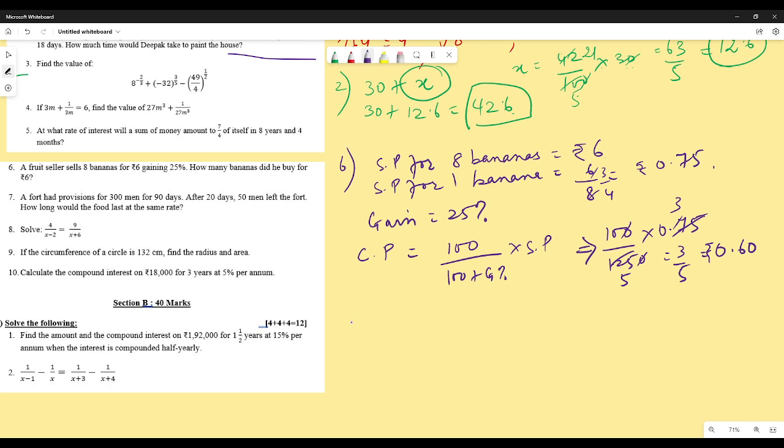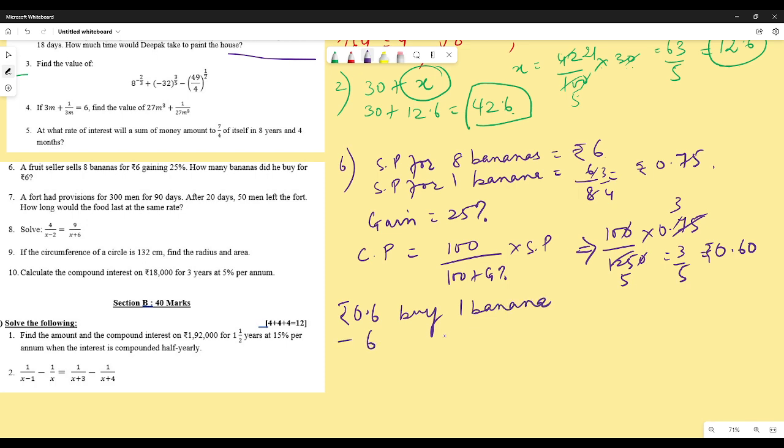So we will take up the unitary method over here. Cost for 1 banana is 0.6 rupees, right?